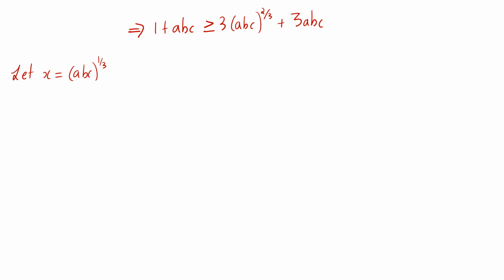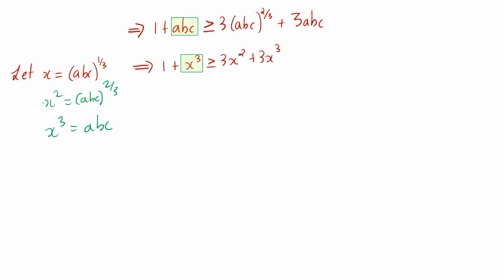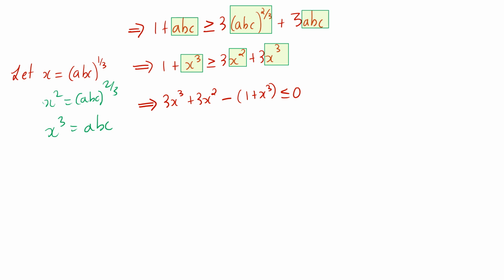So we're going to let x equals ABC to the power 1 by 3. So this would mean that x squared is ABC to the power 2 by 3, and x cubed is basically ABC, right? So we can replace ABC with x cubed, and ABC to the power 2 by 3 is x squared, right? So now let's start dealing with this inequality.